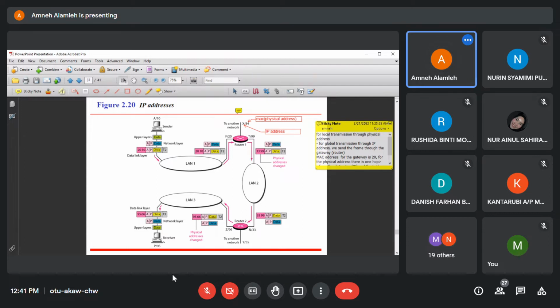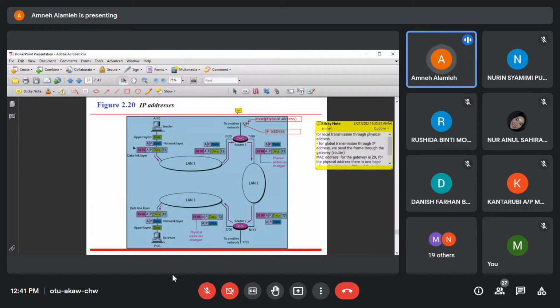This packet is enveloped in another frame which has a header, in the pink, and a trailer. What's the mission of the header?